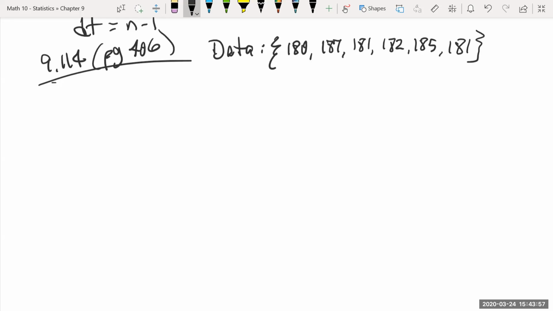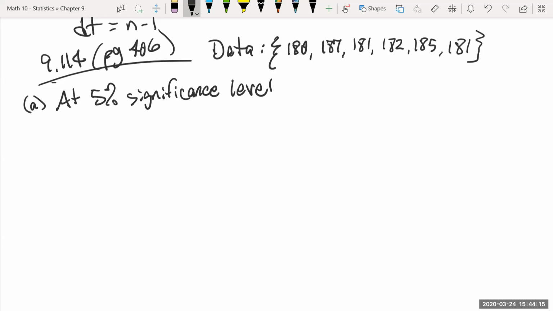They do tell us, well, here's part A. Let's read the question. At the 5% significance level, do the data provide sufficient evidence to conclude that the ball does what the golfer wants?